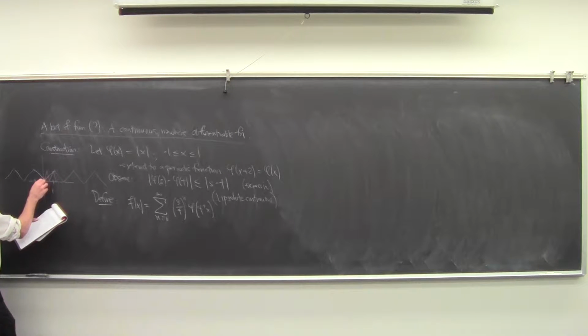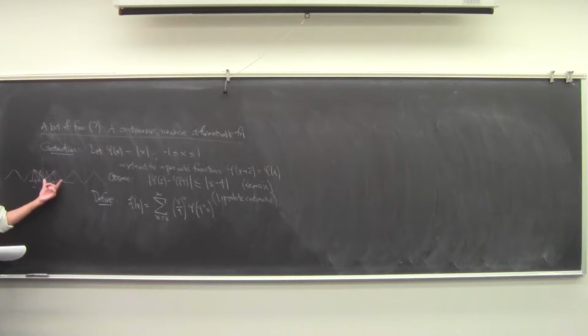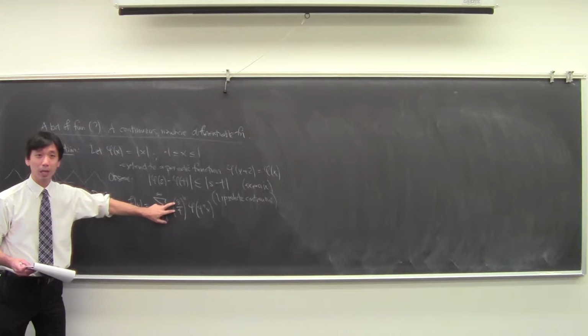The first thing that you add on is something like this, and it just keeps on going. You sped it up 4 times, and then you speed that guy up 4 times, and you add it on. Speed that guy up 4 times, and you add it on, and each time you multiply by 3/4 to the nth power.